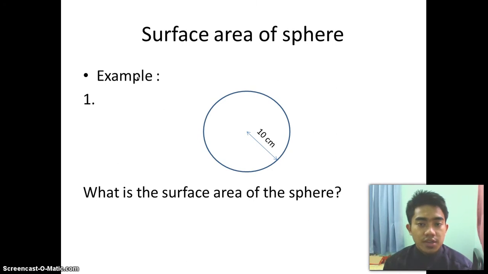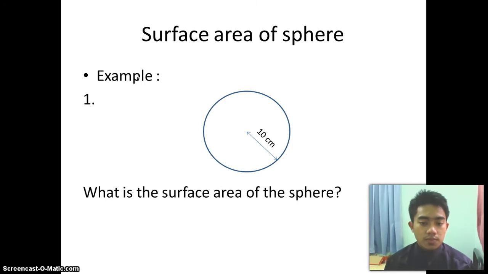So we move on to the surface area of the sphere. The given question has given the radius of the sphere.